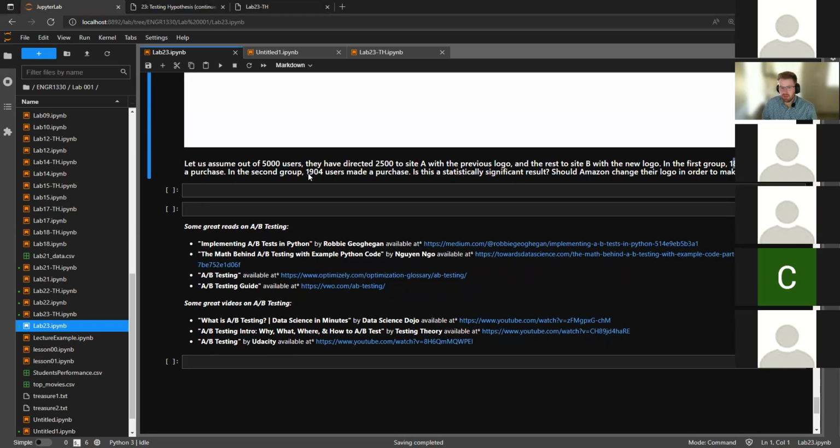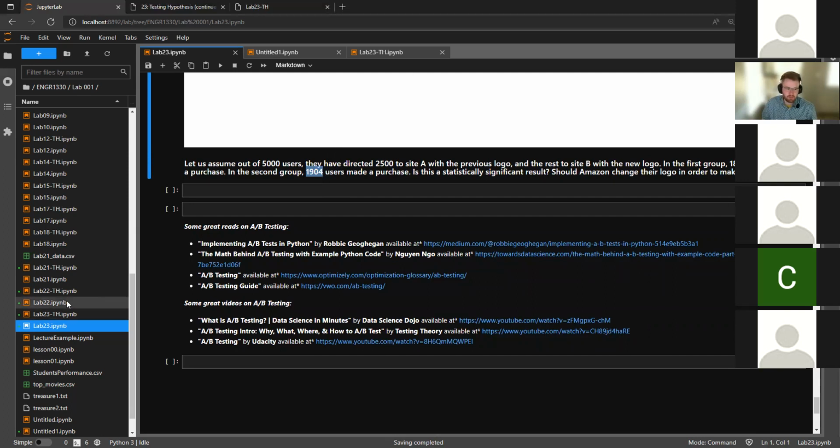So I can't just say 1,904 is greater than 1,863 and it's worth the money to change the logo. But what I can do is run an A/B test to see if this value is statistically significant enough to make the change.